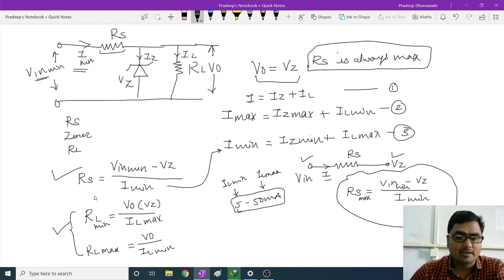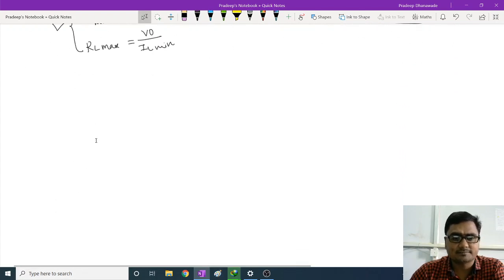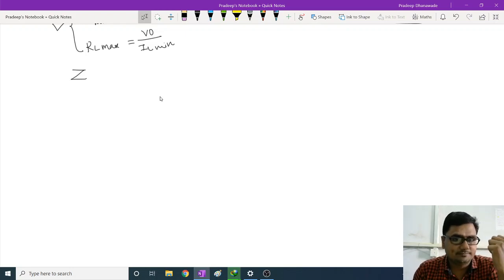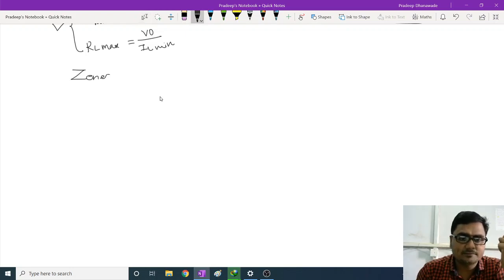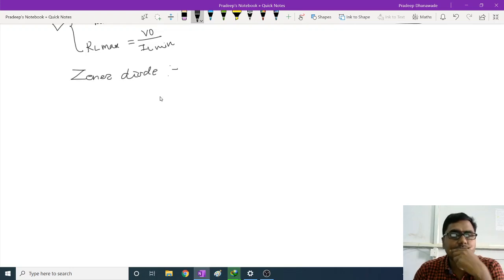Done. After that, the only component left is the Zener. So how do we select the Zener diode? We have two parameters. The first parameter we need to consider is the voltage across the Zener.